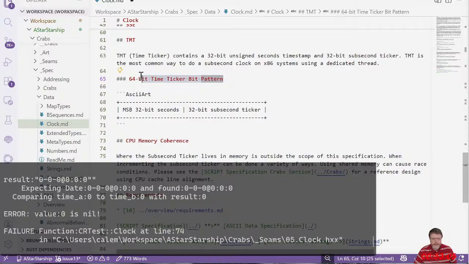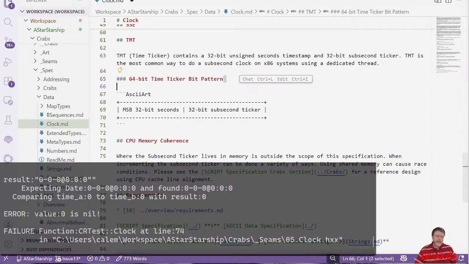So the time ticker, that one's a traditional x86 timestamp with a 32-bit signed timestamp and then a 32-bit unsigned sub-second ticker.